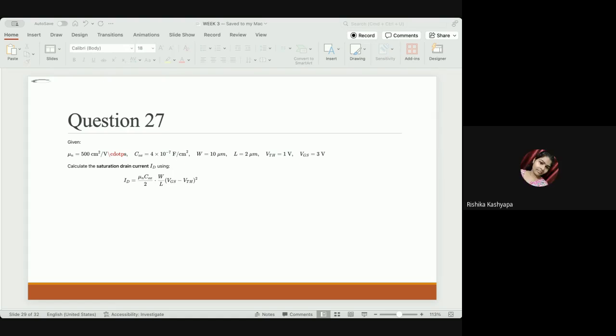2 into 10 to the power minus 3, right? Yes, ma'am. 2 into 10 to the power minus 3, or 2 milliamps. Just carefully calculate. Are all of you getting it or not?